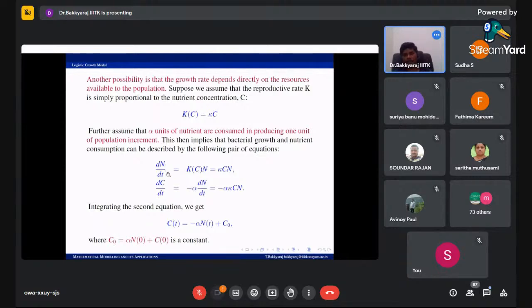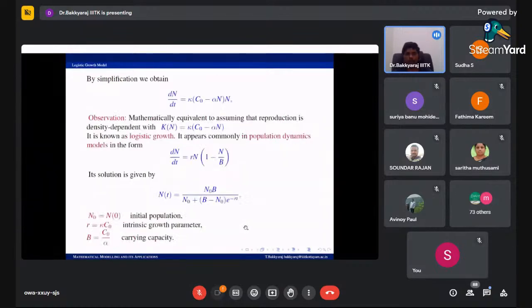Now you combine dN/dt = kN, where K is replaced by kappa times C. Combining these two, you can solve this and you will get C(t) equal to minus alpha.